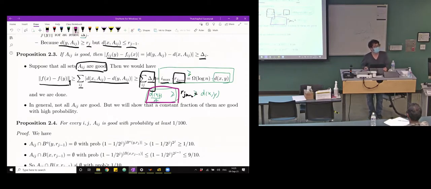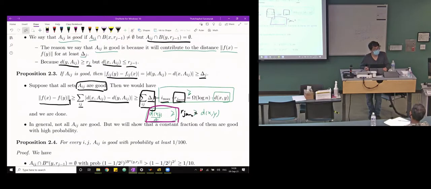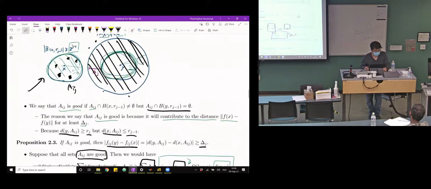Can I ask a clarification question? You said to assume that the number of vertices in Y with radius Rj is strictly less than 2 to the j. I was wondering why is that always true?